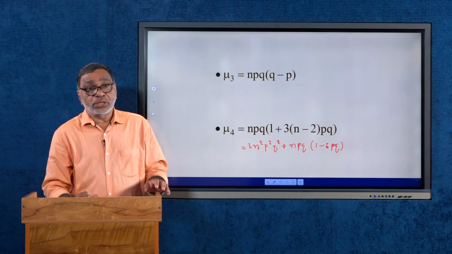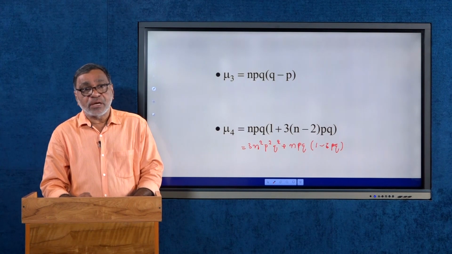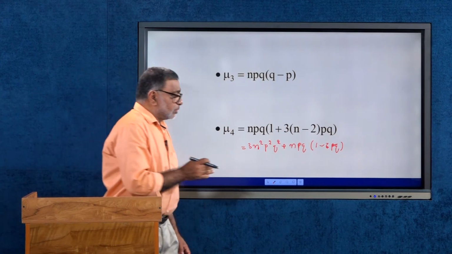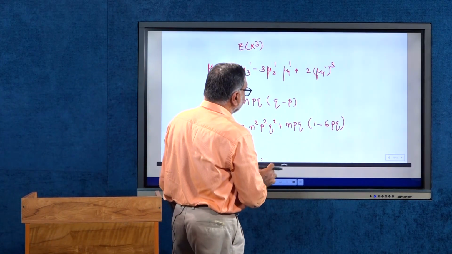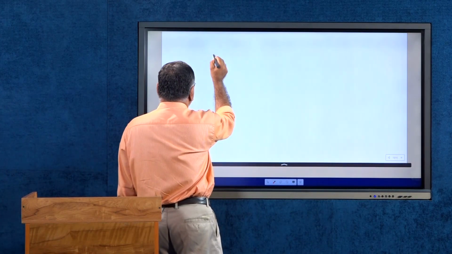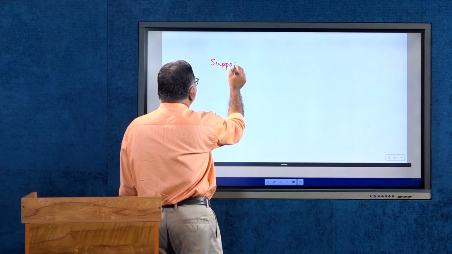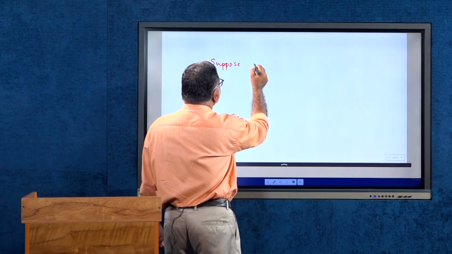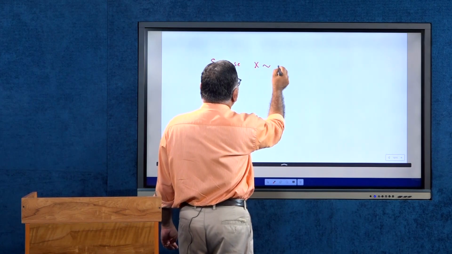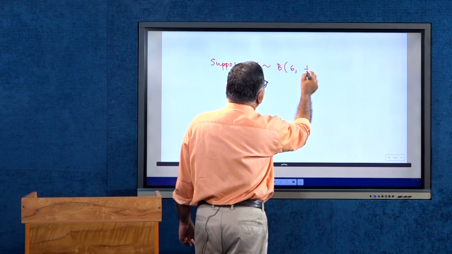Before concluding this session, let us consider some examples. Suppose x is a binomial random variable with parameters 6 and 1 by 3.